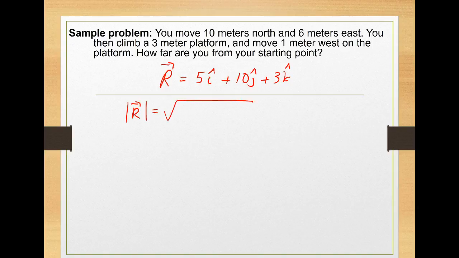So that's going to be the square root of 5 squared plus 10 squared plus 3 squared, which is the square root of 134, and then that will be in meters. Now, if we wanted to know in what direction, well, we have 2 choices. We can use the unit vectors i, j, k to specify direction, or our alternative is to specify 2 angles.